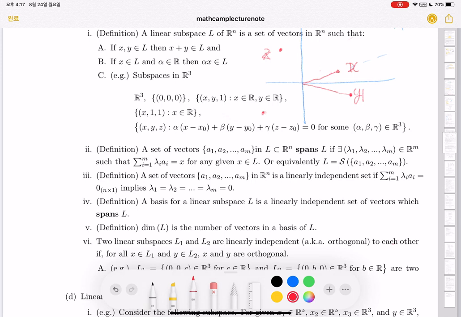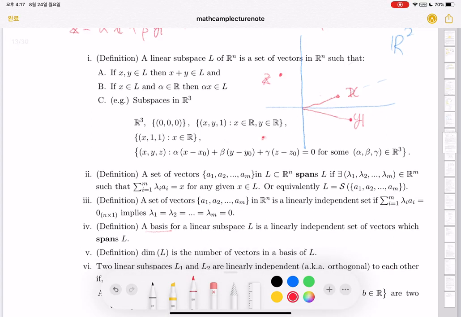Now, there's this concept of basis. This x vector and y vector span the whole R2 space. So the set of x and y constitutes a basis of R2. A basis is not unique. This can be a basis, as well as z and x.